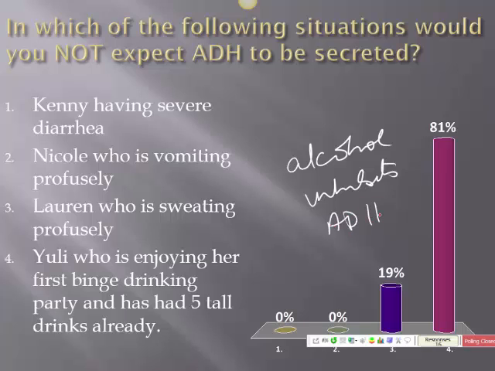You do not have to drink tall glasses of beer or many glasses of wine. Even if you take a few shots, you will find that you will tend to pass more urine because alcohol by itself has a depressant action on ADH release. So if ADH is not released, what happens? You'll end up passing more urine.